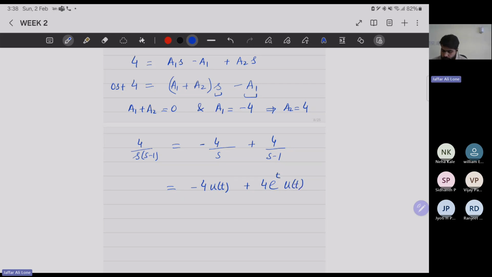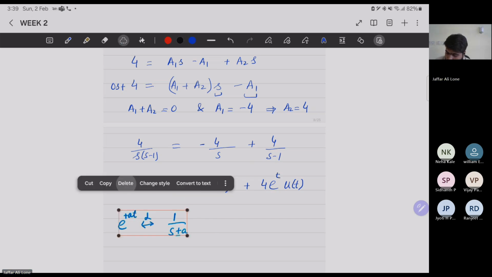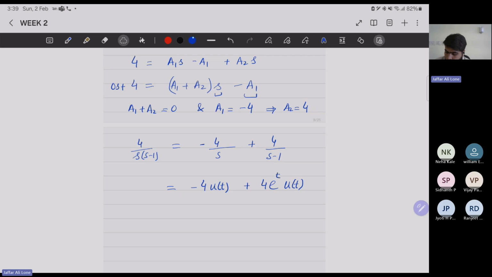I used the Laplace transform of e^(minus at), which is 1 divided by (s plus a). Similarly, if it is plus here, then it will be minus here. I used this property. So we got the time domain function from the Laplace transform.